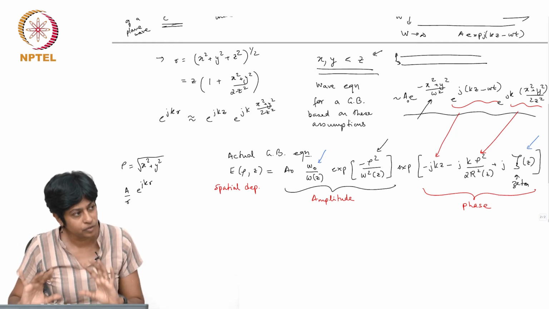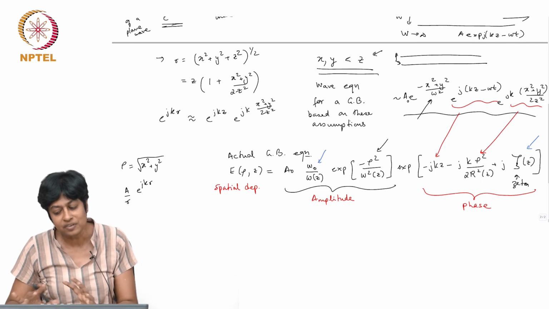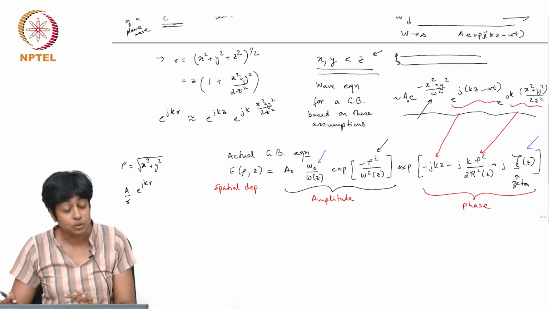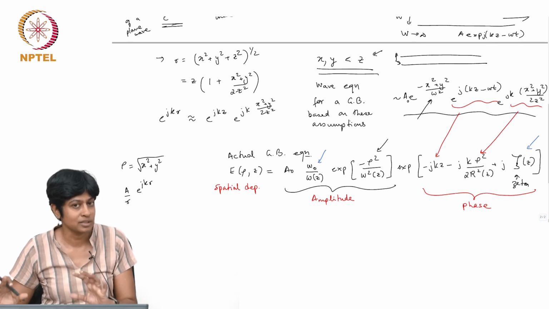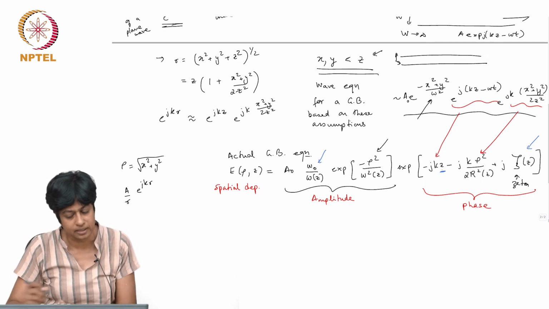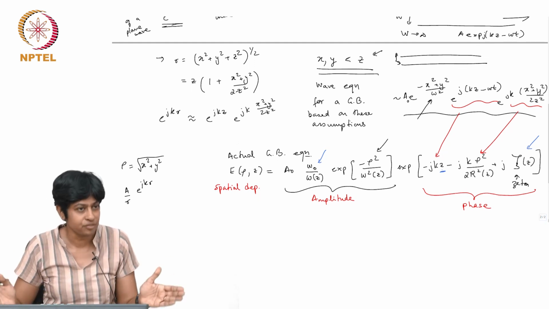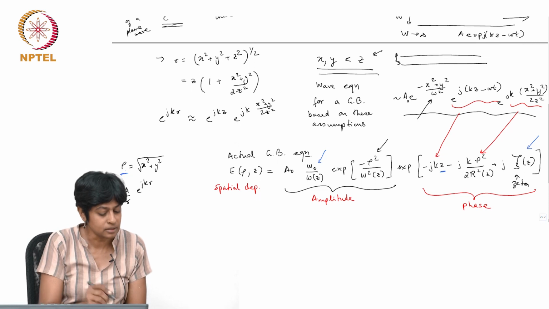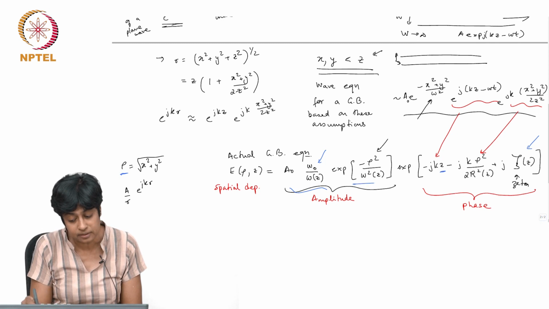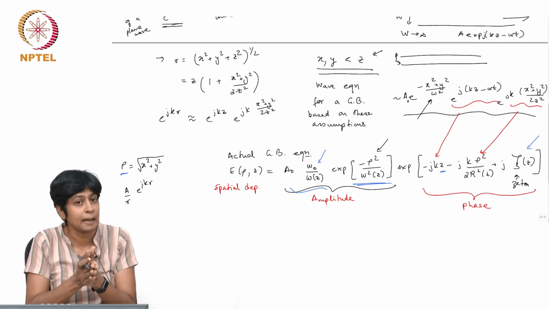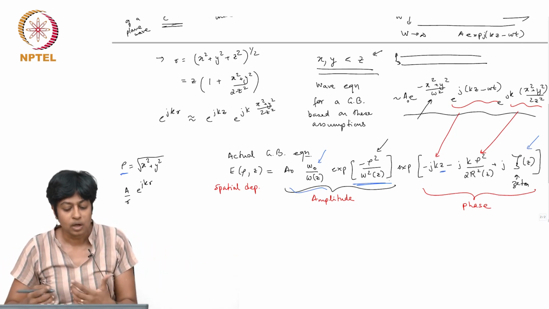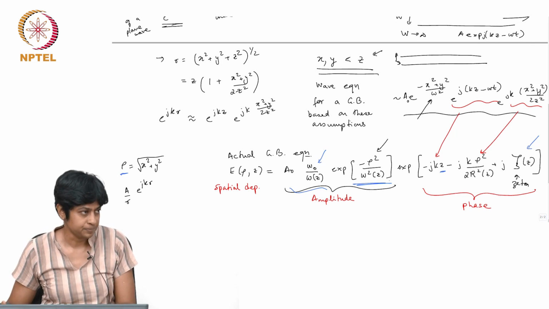What is important for you now is to have a better sense of these terms in this Gaussian beam, to get an idea that now we are discussing a beam that travels more or less in one direction, the z direction, but it does have a finite spread indicated by this, and that spread is taken into account in the amplitude, right? This is coming in the amplitude, which means that the amplitude doesn't spread out to infinity, right? And as we go along, the other terms will become clearer.